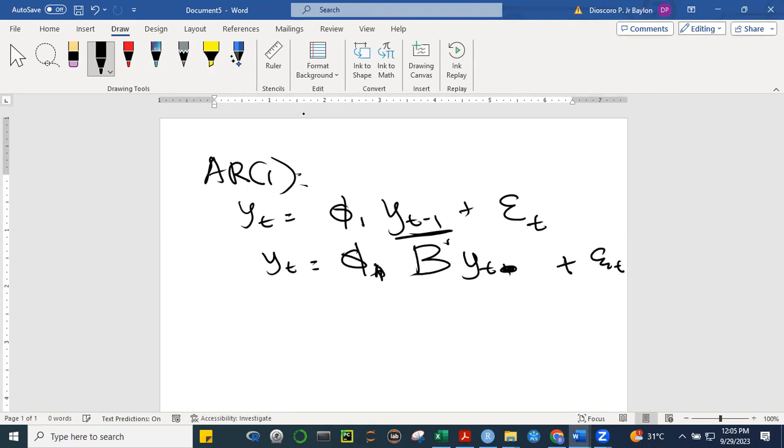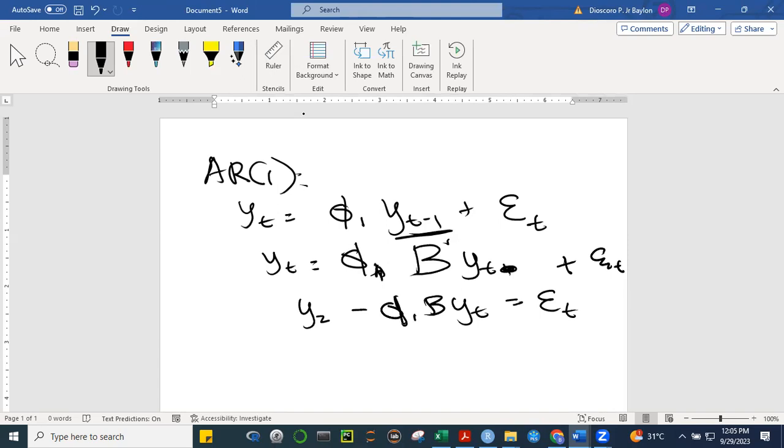So you'll see some equations like this: y sub t minus phi 1 B y sub t is equal to your error term. Okay?